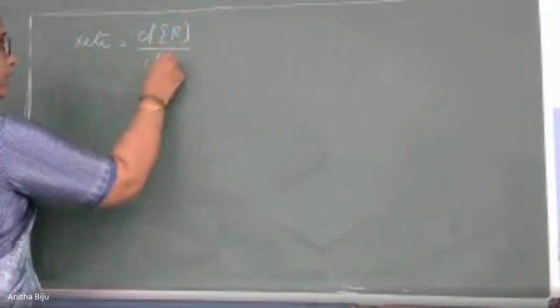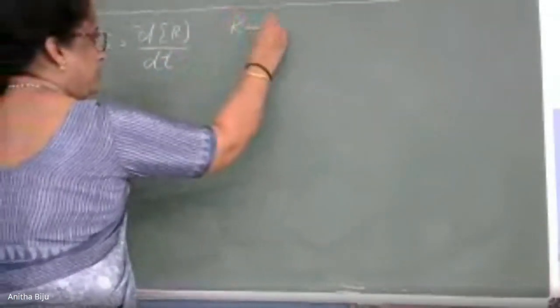Okay, so we can write it like this. Rate is equal to minus dR by dt. Why is it minus? You know that this is on the basis of which equation? R is the molar concentration of a reactant.